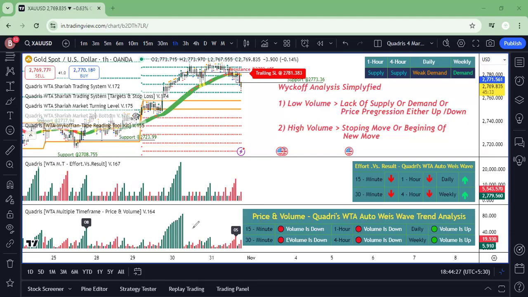If somebody wants to code it by himself, he can apply the simple logic: if demand is greater than supply, prices will rise. If supply is greater than demand, prices will fall. Simple.